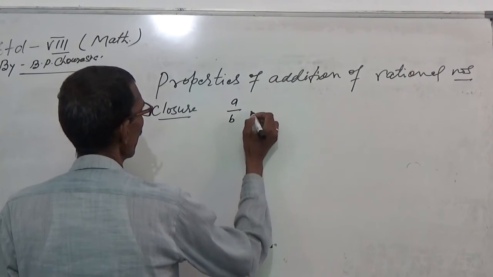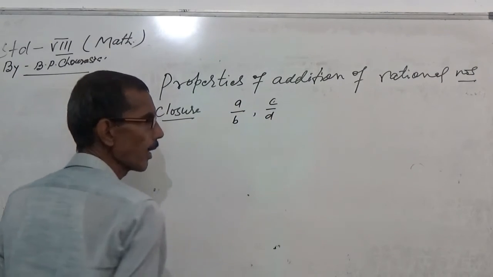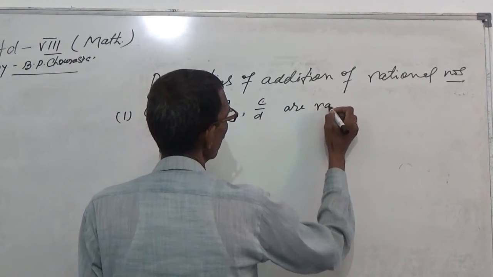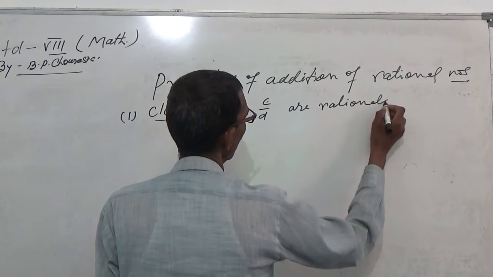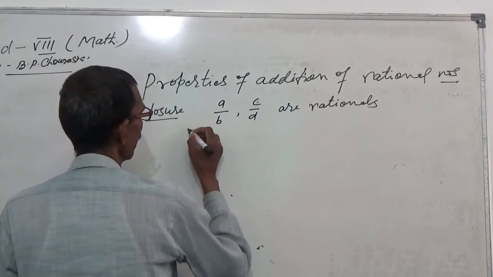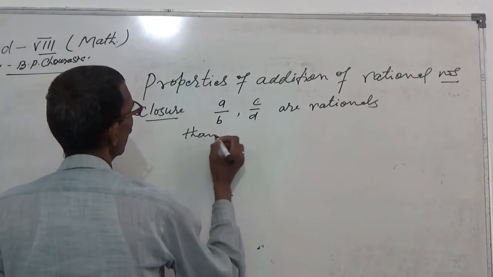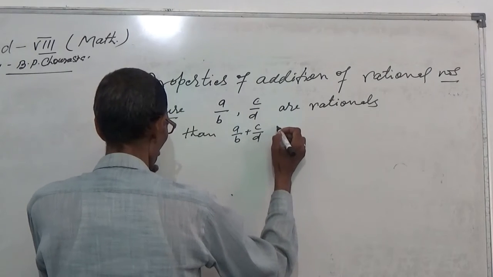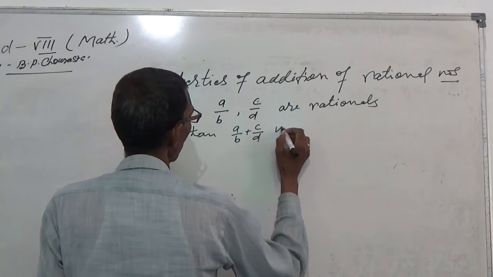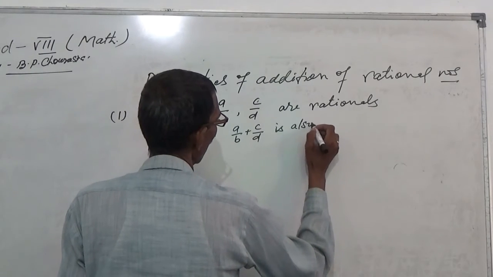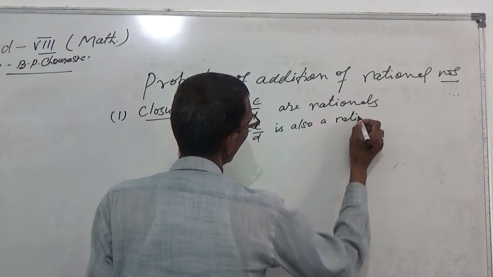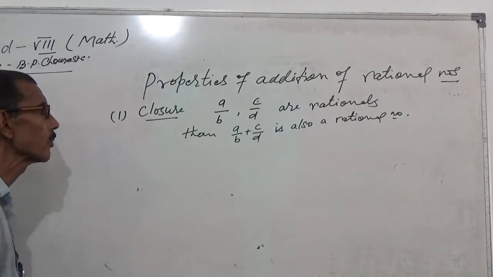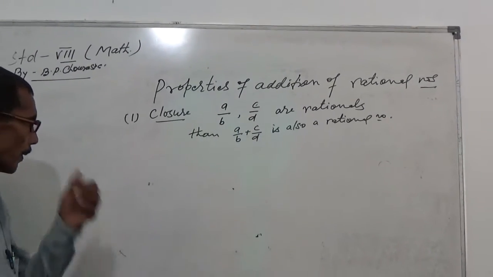Suppose A by B and C by D are two rationals. Then A by B plus C by D is also a rational. Two rational numbers are closed under addition.